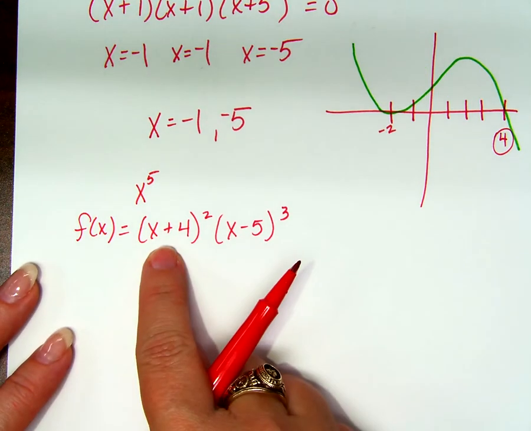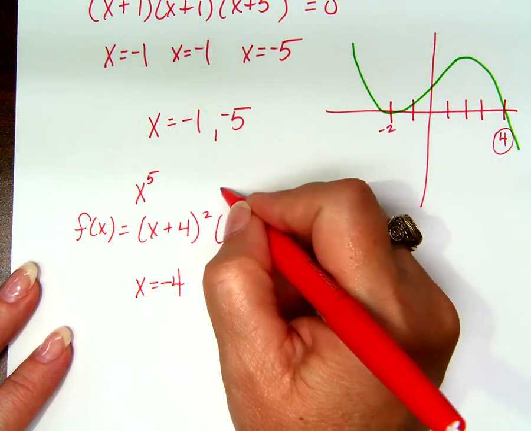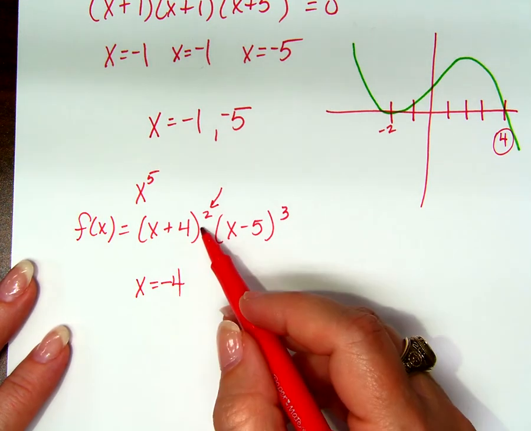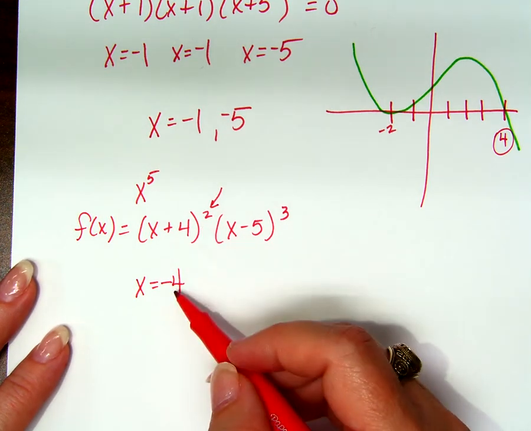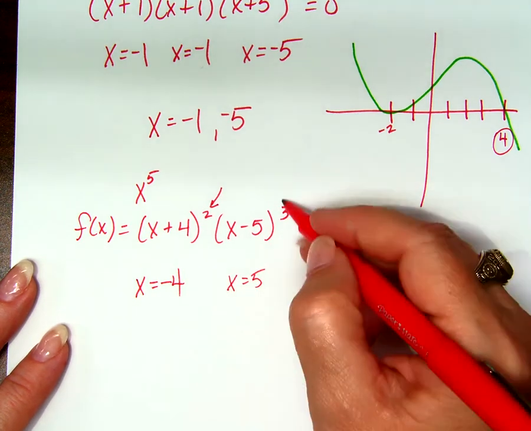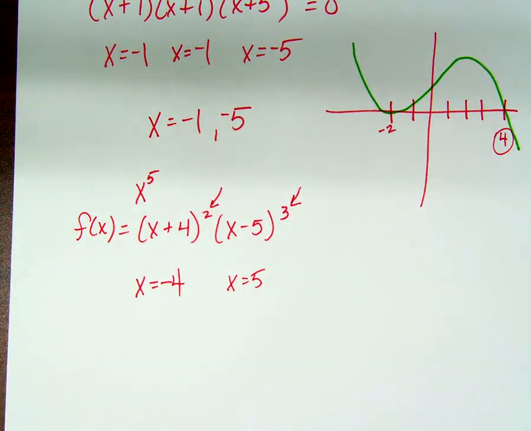But look at this one. X equals negative 4 from here is going to have a multiplicity of 2. It's going to change directions right there at the negative 4 on the graph. This x equals 5 is going to have a multiplicity of 3, because that exponent right there is telling me I have a multiplicity of 3. Does that make sense? Any questions about that?